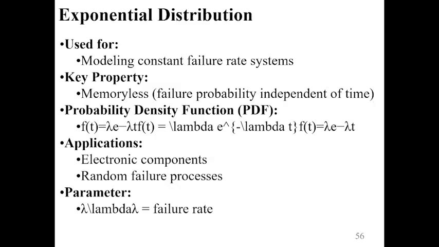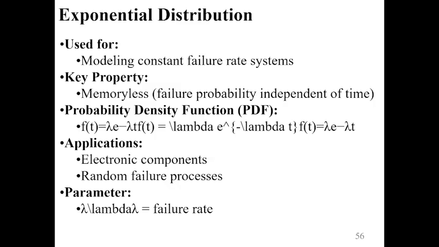We already talked about the exponential distribution. As you know, the exponential distribution is one of the simplest and most widely used models in reliability engineering. It is particularly suitable for systems that exhibit a constant failure rate over time, meaning that the likelihood of failure does not depend on how long the system has already been in operation.